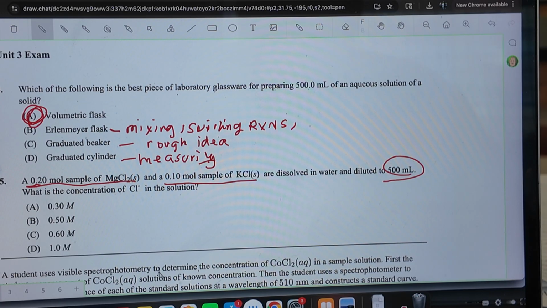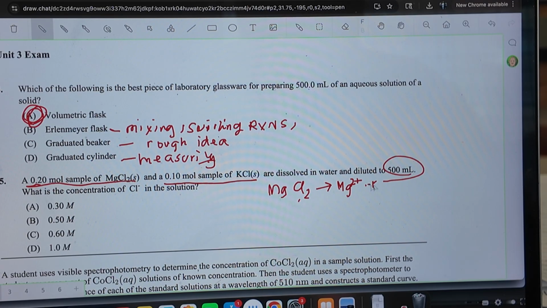MgCl2 breaks apart because it's a salt, and it turns into Mg2+ to balance out the two Cl minuses.